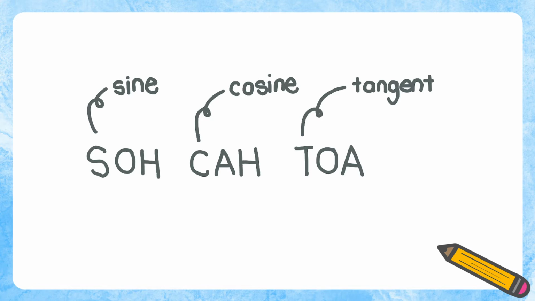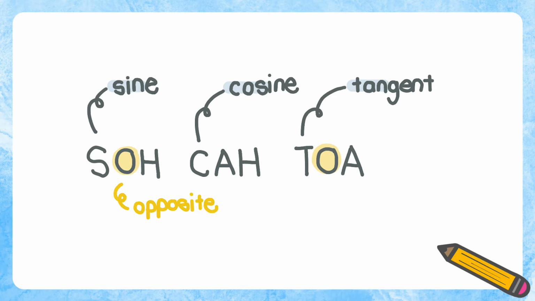Sine, cosine, and tangent are trig functions. I like to think of them as tools to help us find missing angles and sides of triangles. On your calculator, you'll only notice the first three letters of each function. So for example, for sine, you'll just see SIN.